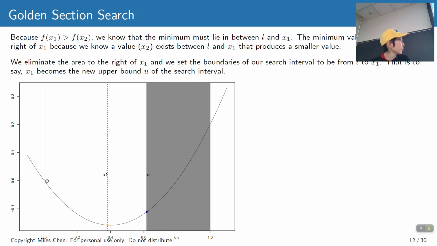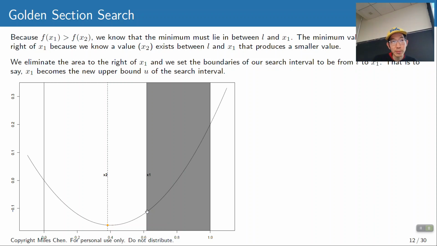Because f of x1 is greater than f of x2, we know that the minimum, which in the beginning we said lies between L, the lower bound, and the upper bound, has to be, at least a local minimum, between the lower bound and x1.